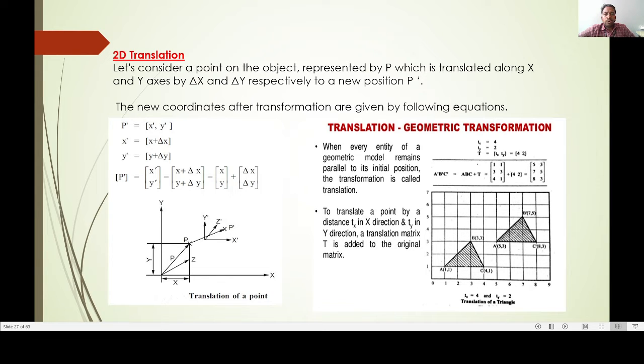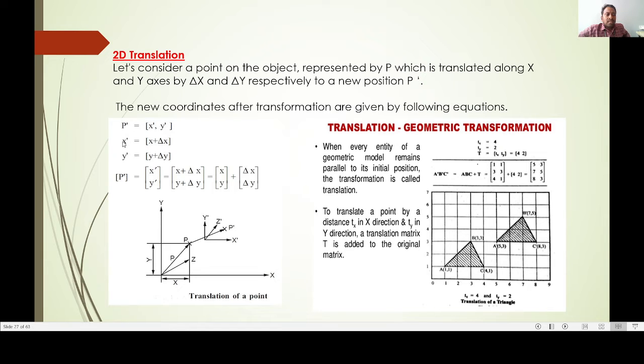Let us consider the point P, which is translated along the x and y axes by delta x and delta y respectively to a new position. The old point P is x comma y. The new coordinate point is P dash, which is a component of x dash and y dash.